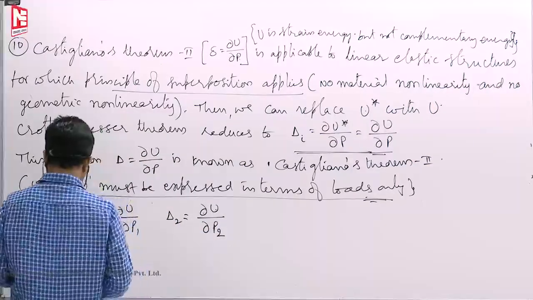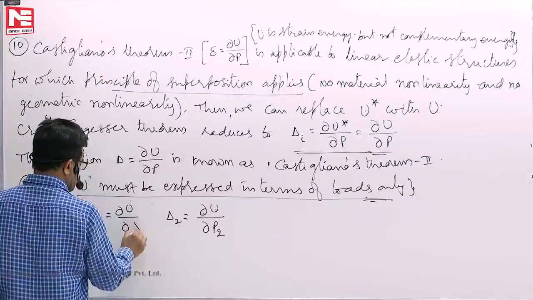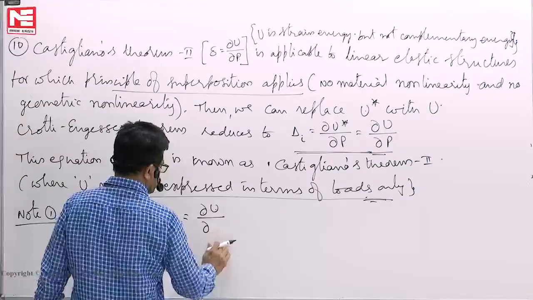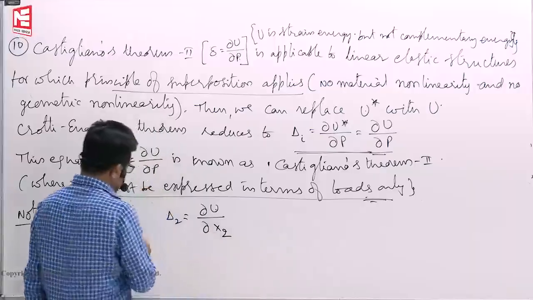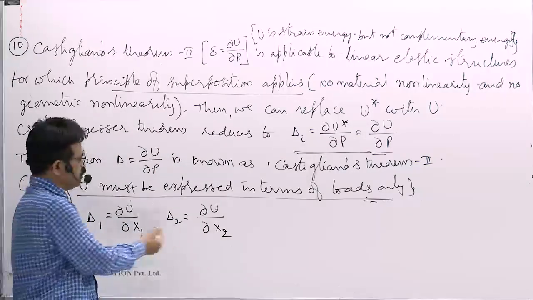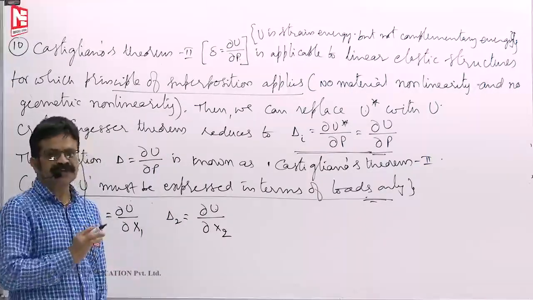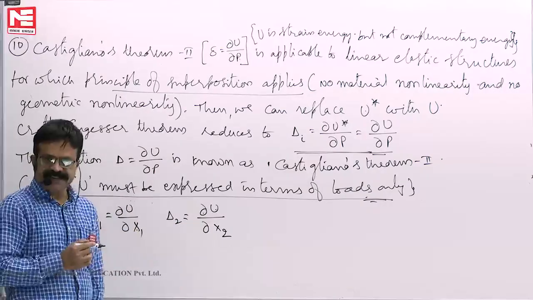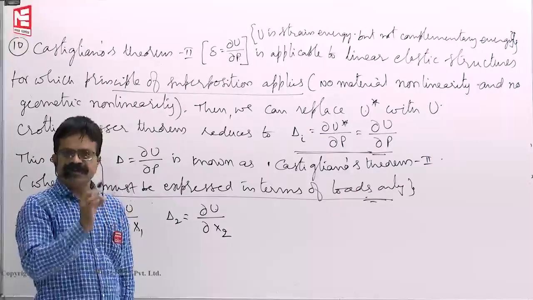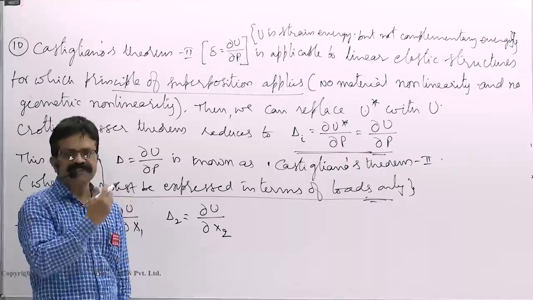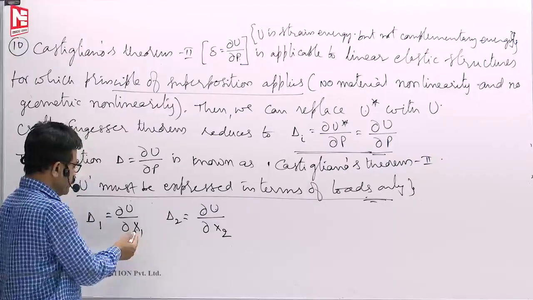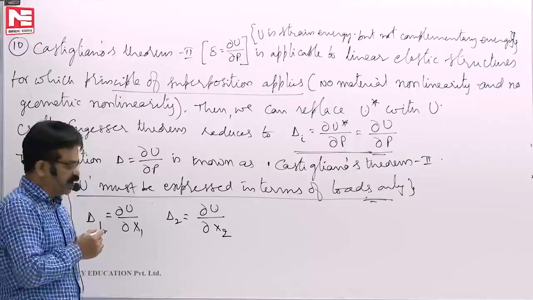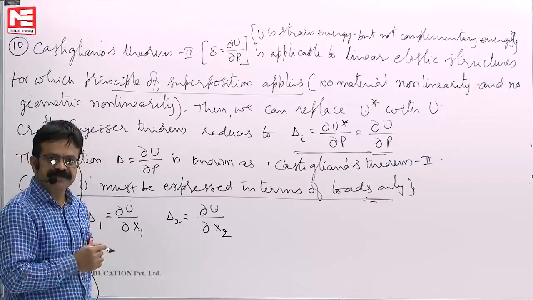Like this you can write, or dou U by dou x1, dou U by dou x2, where x1 and x2 are redundant reactions which you want to find. You may have taken support reactions and are differentiating with respect to the support reaction. Then if there is no displacement, dou U by dou x also becomes 0.